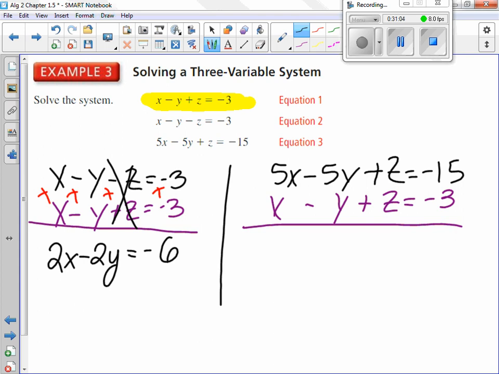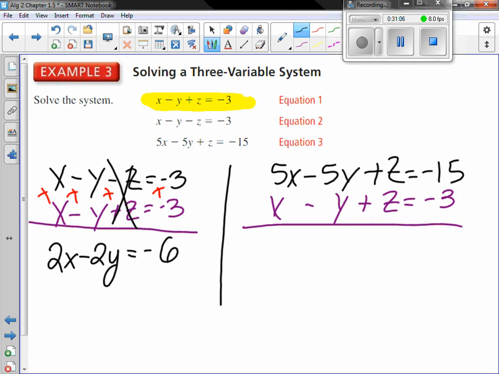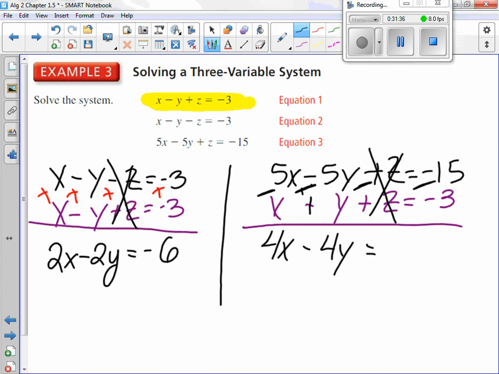Now let's look at this one here. So any questions on the first one we did? So let's look at the second one. We have z and z, both positive. When the signs are the same, we subtract. 5x minus x is 4x. Negative 5y minus negative y, well, the negative and negative make a positive, so we get minus 4y. These z's cancel.